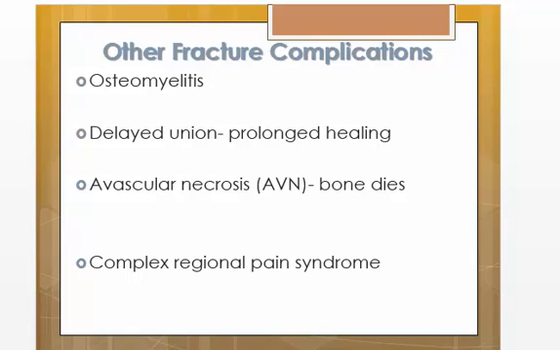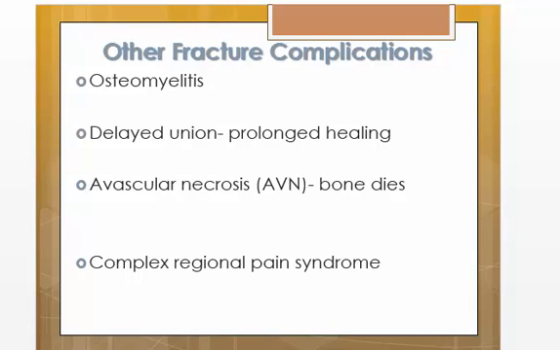So if there's non-union, treatment is internal fixation or bone graft, or possibly electrical bone stimulation. Cigarette smoking and poor nutrition place a patient at higher risk for delayed healing or non-union.